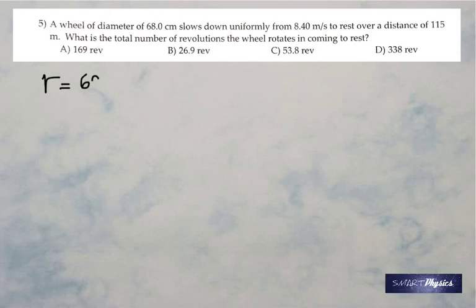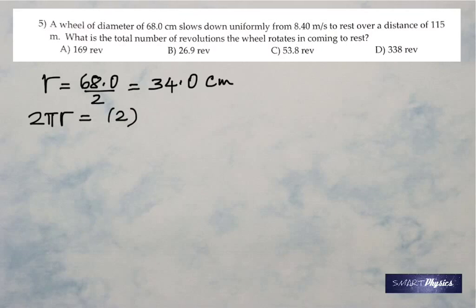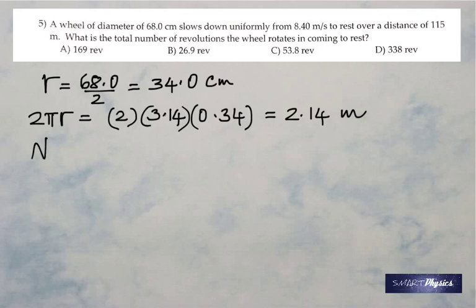So the radius is half of 68. Write down the given quantities, that's in centimeters now, and you know that the circumference is 2 pi r, and that will be the distance moved in one revolution. The distance moved in one rotation is 2 pi times the radius, which we get as 2.14 meter.